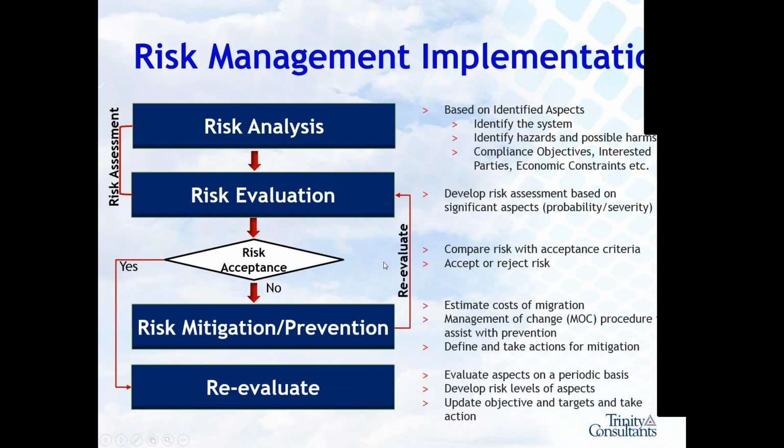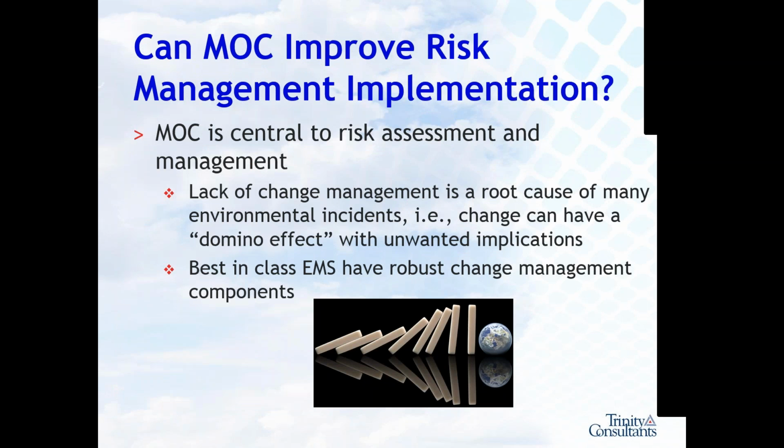And of course, as I encouraged you with your aspects and impacts, I think it's extremely important to continue to evaluate your risk and your approach as the elements of your process change. Also, your game plan may also have to change, and that's something to take into consideration and continue to evaluate. So let's talk about mitigation or prevention of risk.